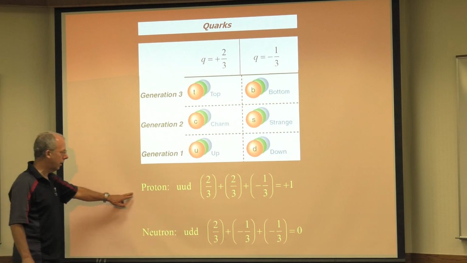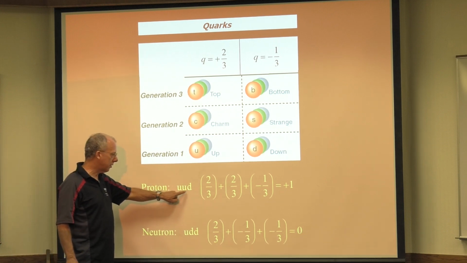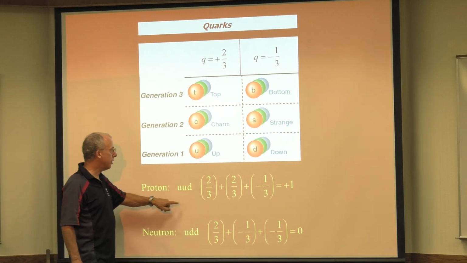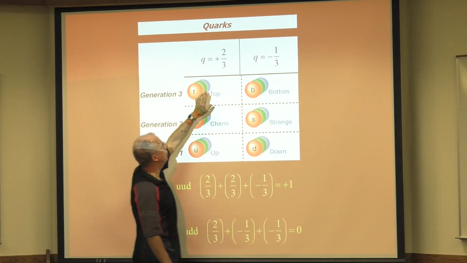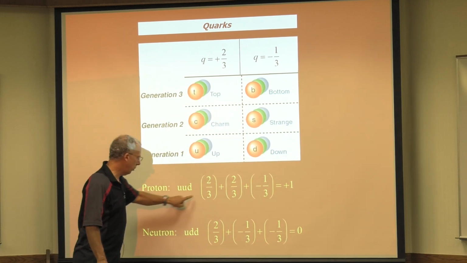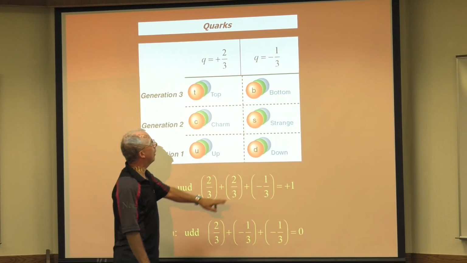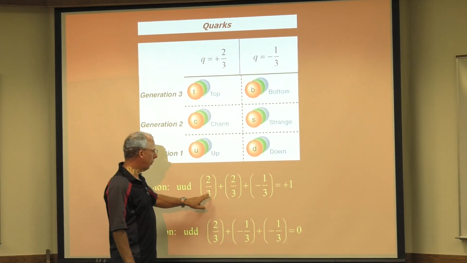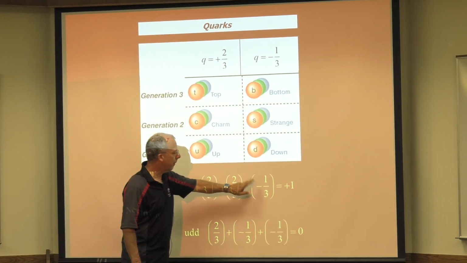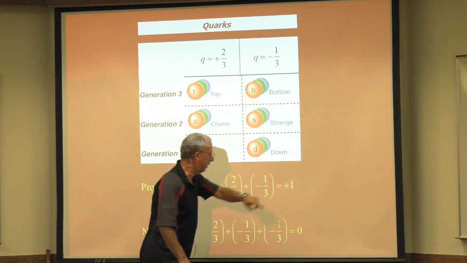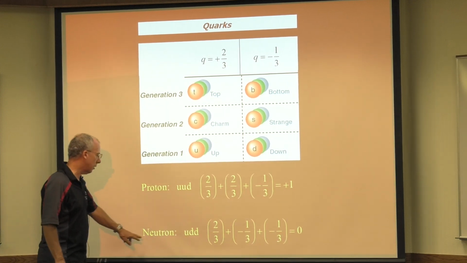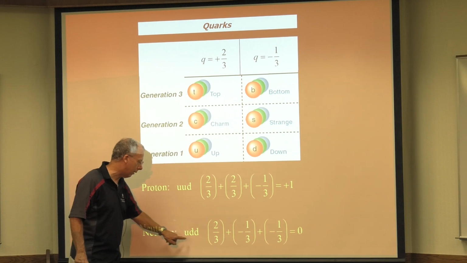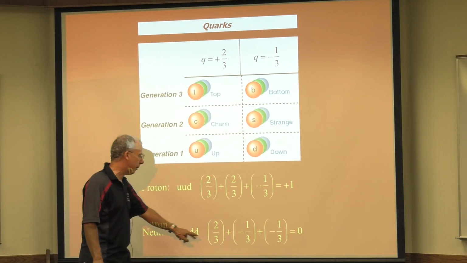Okay. Oh yeah, this is kind of cool. A proton is made of two up quarks and a down. Up has charge 2/3, so you have 2/3, 2/3, and a down has minus 1/3. So 2/3 plus 2/3 is 4/3, minus 1/3 is 3/3, or 1. On the other hand, a neutron is a UDD, so an up and two downs. Up is 2/3, the downs are minus 1/3.